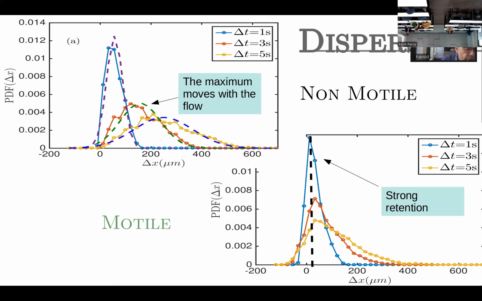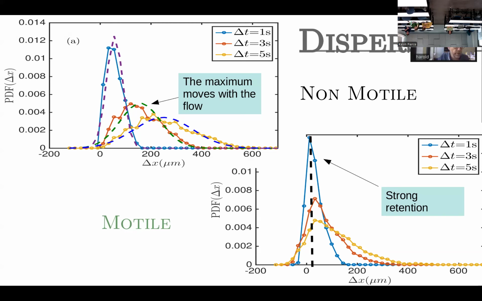You can see that for non-motile bacteria, the peak, the maximum of the distribution, moves with time. So you have a convection of the population of non-motile bacteria. At the same time, you have the spreading of the bacteria.